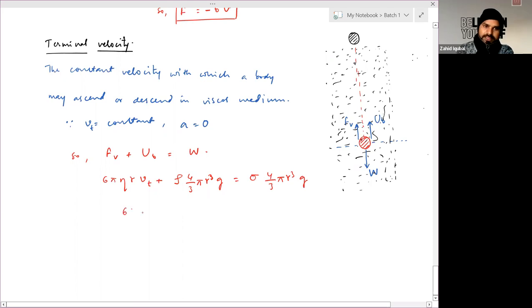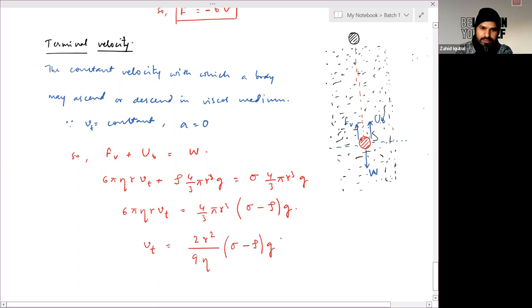So you're left with 6 pi eta r Vt equals, take out 4/3 pi r cube common, so you're left with sigma minus rho times gravity. So terminal velocity on solving this expression will become 2 times r squared by 9 times eta, bracket sigma minus rho, times gravity. So this will be your final expression of terminal velocity in terms of radius.